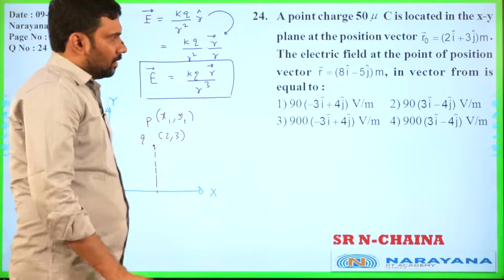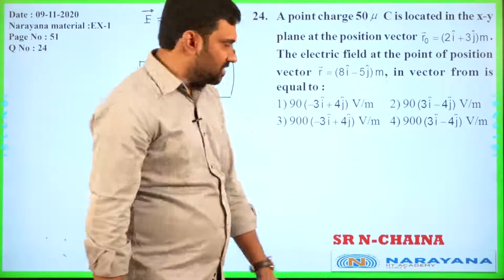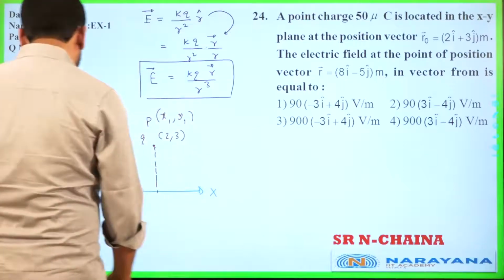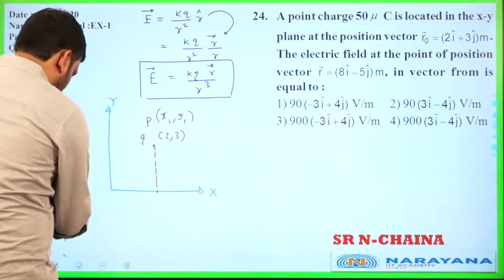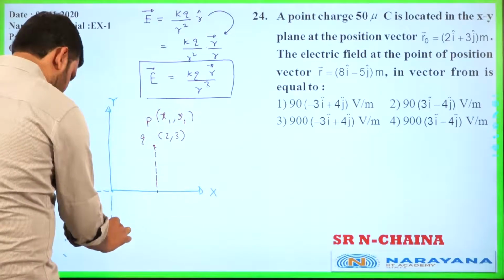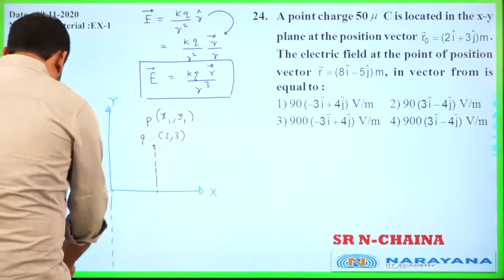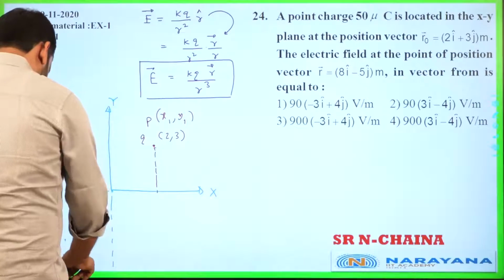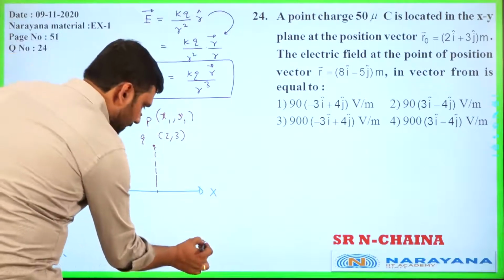And what is the other thing they are asking? R is equal to 8 i cap minus 5 j cap. So if you want to take 8 i cap minus 5 j cap, I can roughly take the point here.